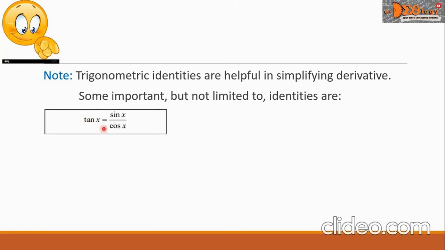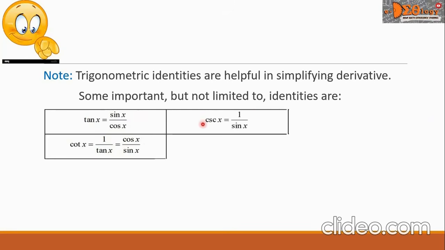tangent x equals the fraction sine x over cosine x. Cotangent x is equal to 1 over tangent x. And this is equal to the reciprocal of this fraction. So we write here cosine x over sine x. Next, we have cosecant x equals 1 over sine x.